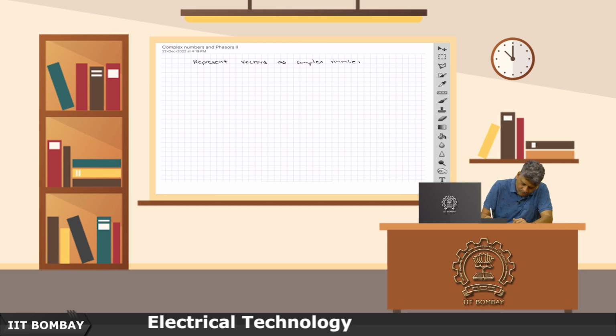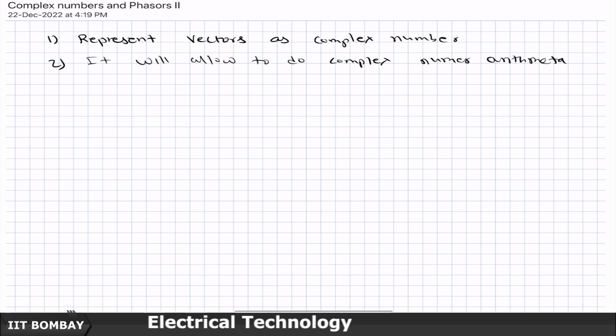This is our goal, and the advantage is that it will allow us to do complex number arithmetic with vectors. So even the cumbersomeness associated with the parallelogram law of identities is going to be avoided.